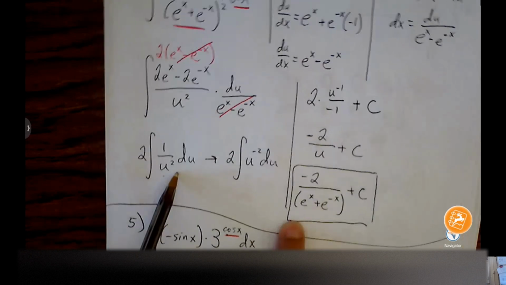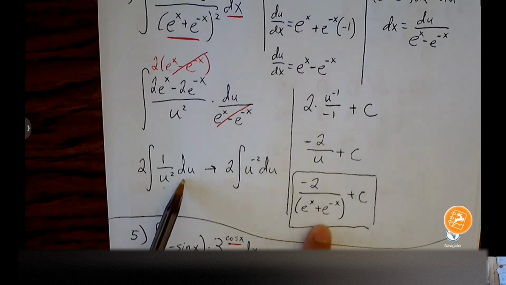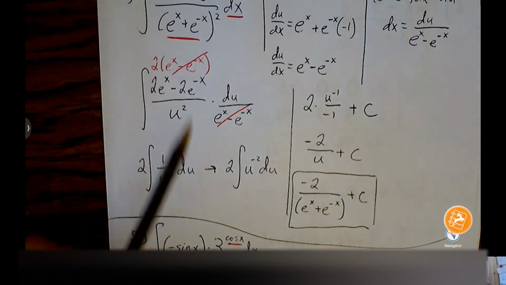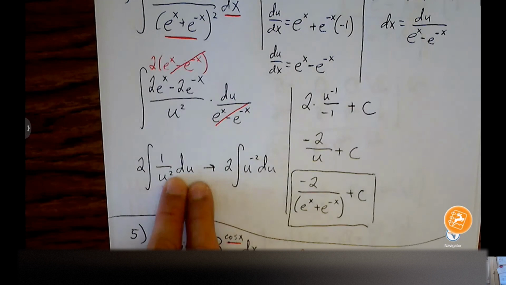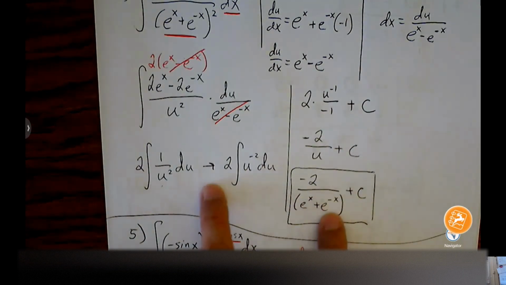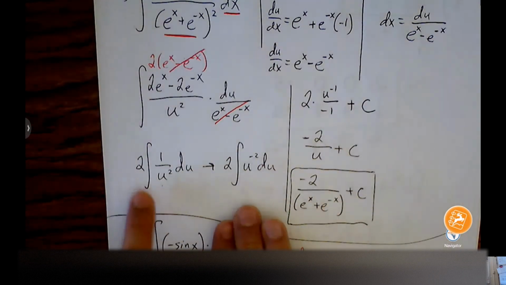So this will be a good candidate for choosing between two methods. I'm giving you that option, right? You can either do it in terms of U, or you can bring it in terms of X. You don't have to do the U method.